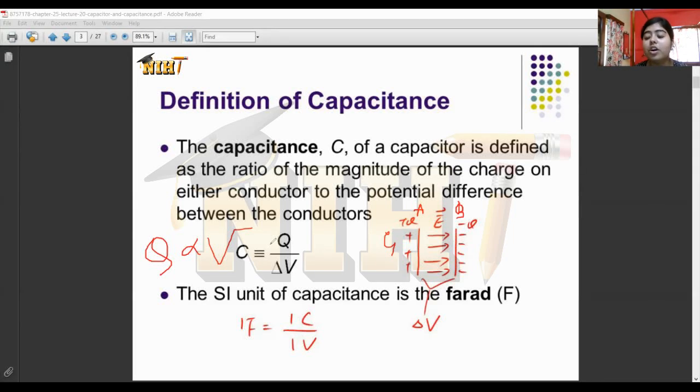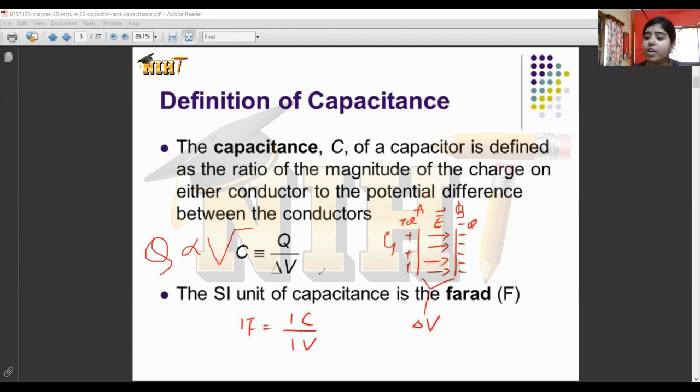Here also you can use the analogy that if you put more and more charge on the conductor, its potential increases. So charge is directly proportional to the potential. The proportionality constant is the capacitance or capacity of the conductor to store charge or electrical potential energy. That is represented by C, so C is equal to Q by V.